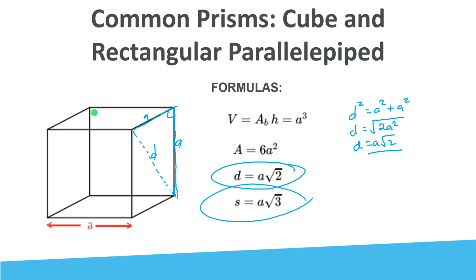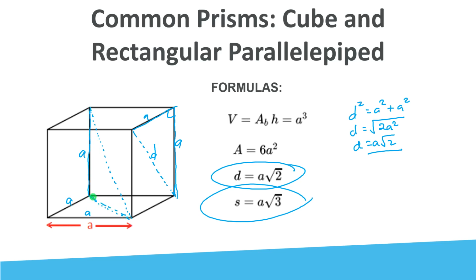This is the space diagonal, from one corner to the other that is not on the same face. So we consider here a three-dimensional right triangle.